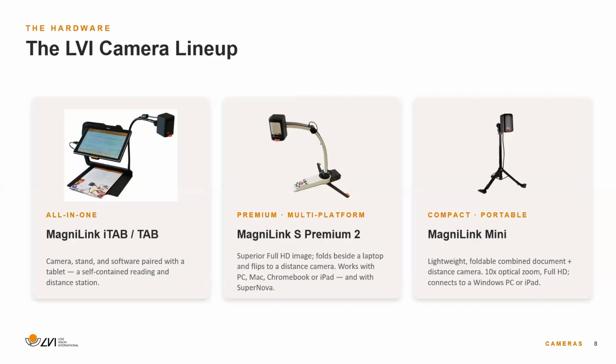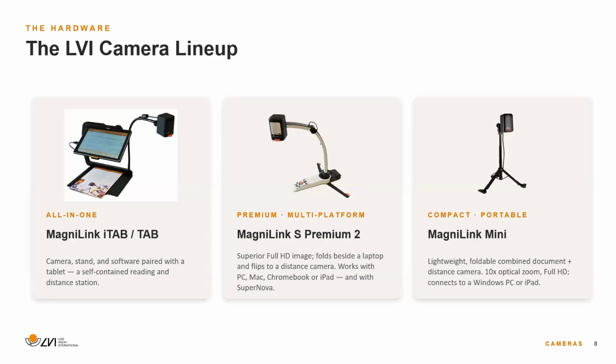So the Magnalink Mini is the same camera as you see with the Magnalink Tab, iTab, or the Magnalink S. It's just on a very, very lightweight tripod. Very simple to pull it out of a case, USB-C, plug it into a PC or an iPad, and off you go.